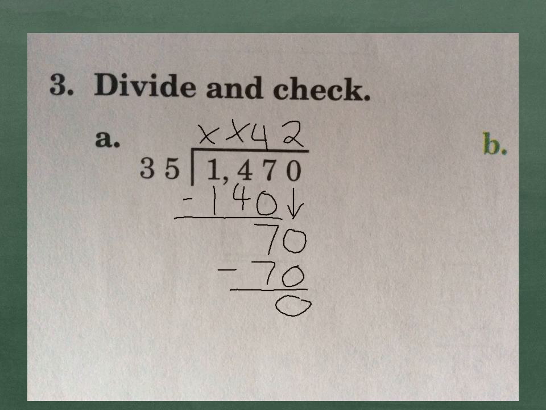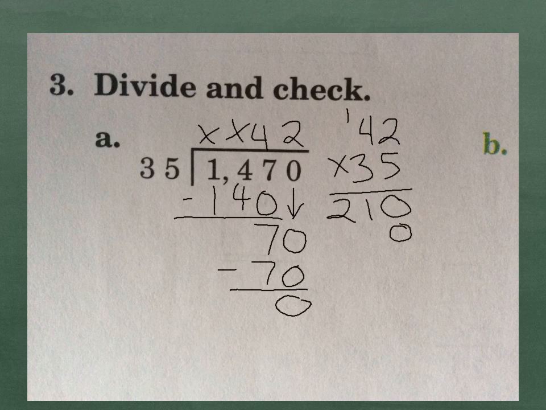We need to check it now. 42 times 35. 5 times 2 is 10. 5 times 4 is 20, plus 1 more would be 21. Let's put a 0 here. 3 times 2 is 6. 3 times 4 is 12.